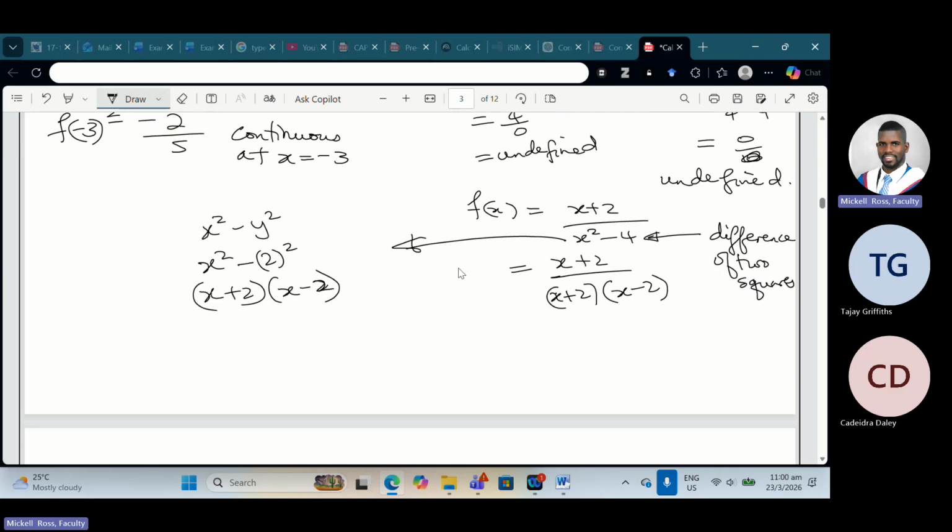Now that it is in this form, we see that the numerator can cancel here, right? So then we would get f of x is equal to 1 over x minus 2. So that's what we would have left.